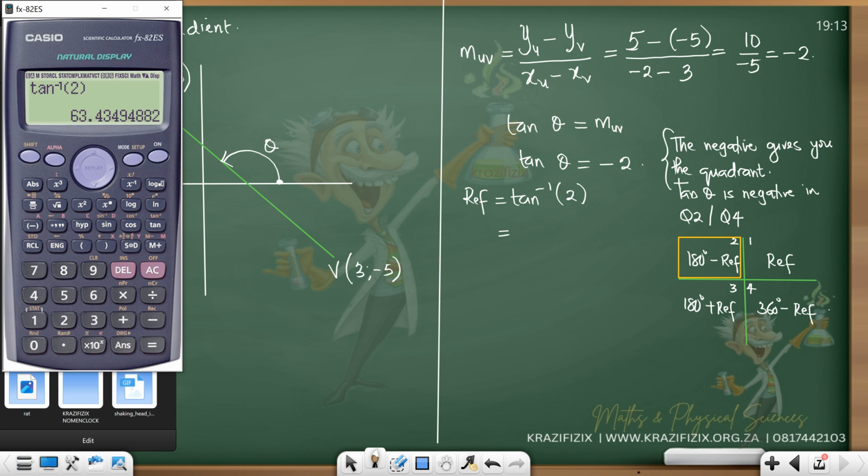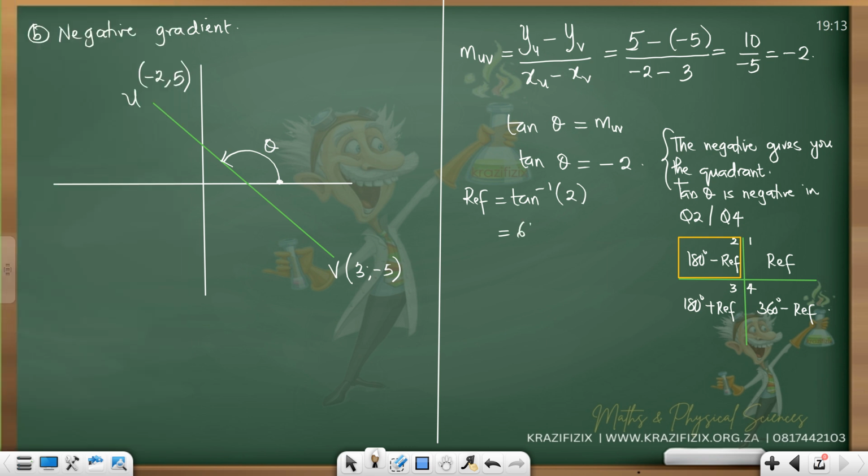Yesterday. Please, if you missed it, let's catch up quickly. Our running time is against us. What do we have? 63,43. But we are in quadrant number 2. Theta, therefore, is 180 minus your reference. Remember, we're in quadrant 2.